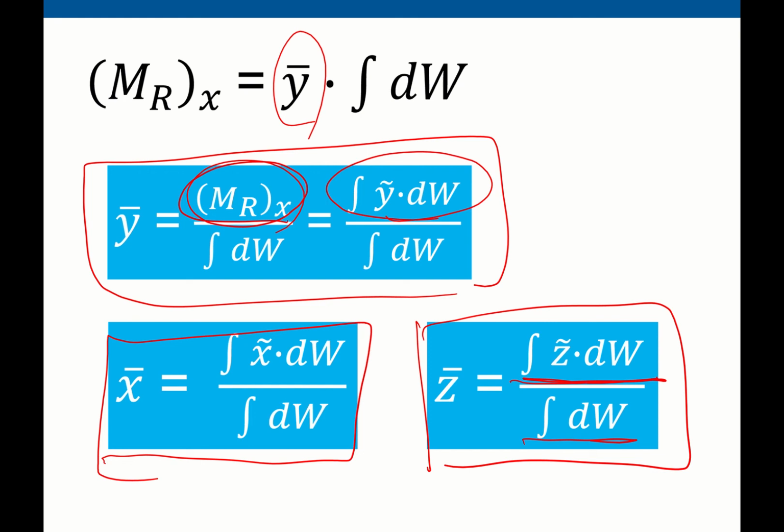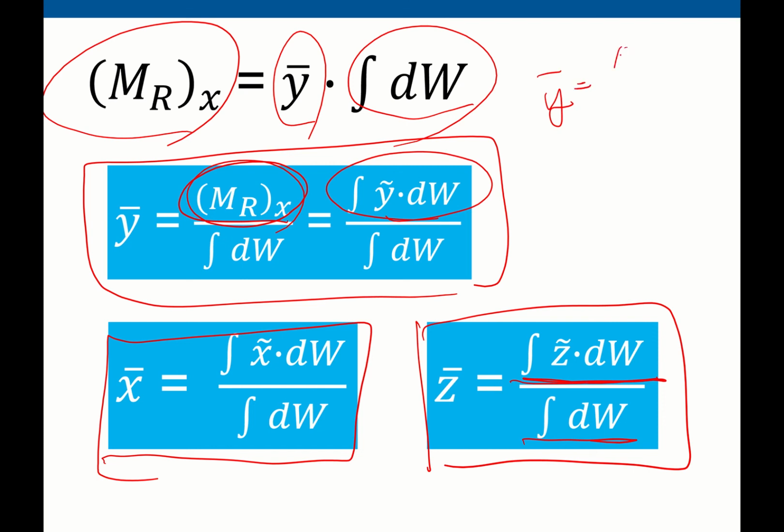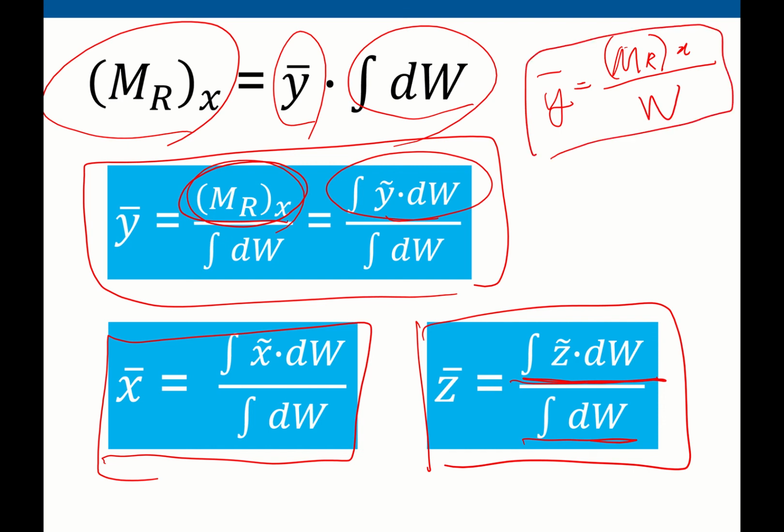This is a little bit complicated a concept, but if you know this is the resultant moment of the weight and this is the total weight, then we can find the line of action by dividing the two items. Y bar is the resultant moment about the x-axis over the total weight. That's how we can find the y bar, the x bar, and the z bar.